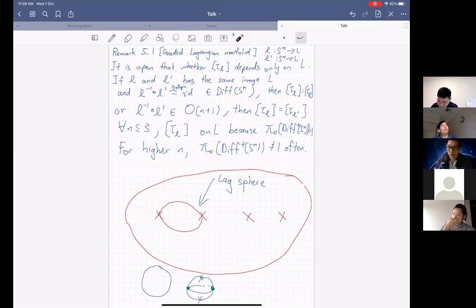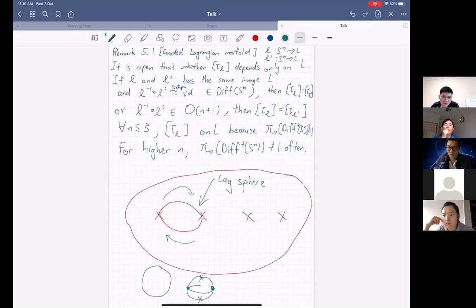That is differential topology. Okay, yeah, for our purpose, we will use the Dehn twist. This homotopy class is in the pi 0 of symplectomorphisms, right? Yeah.